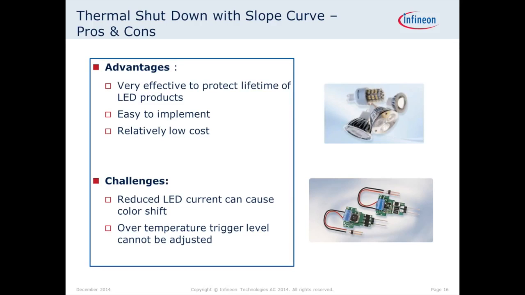In this case, the customer doesn't have the flexibility if they want to drive the LEDs harder, or to increase the lifetime, let the thermal protection kick in even earlier. So this is fixed in the intermediate thermal protection.